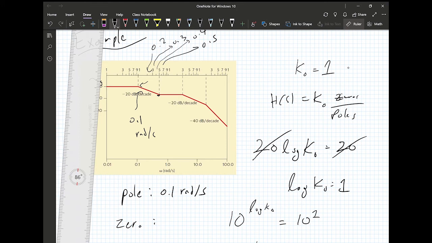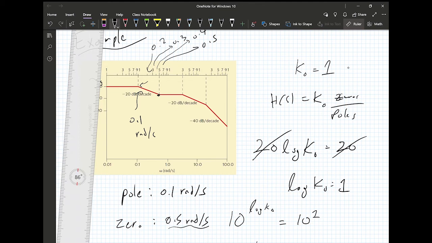There has to be a zero at 0.5 radians per second, because that's the only way to counteract the pole and to stabilize the slope. The only way for the slope to go from minus 20 dB per decade to 0 dB per decade is to have a zero that counteracts the pole. So after 0.5 we should have a slope of 20 dB per decade, which counteracts the pole, and we end up stabilizing the slope, right? So there has to be a zero at 0.5 rad/s.